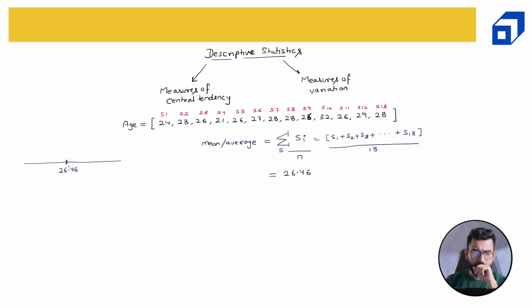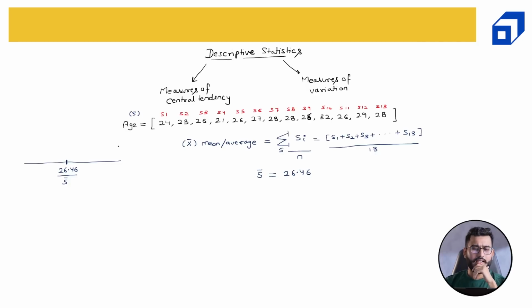So assume that this particular data point is nothing but the average, and average can also be written as X and this bar. So if you put X and above it you put a bar, it's also known as X average, or we can call this S average, because here we have assumed that this list is S. So this particular number is my S average.